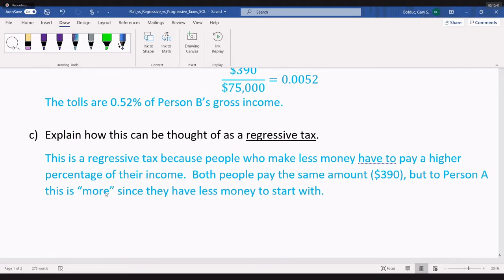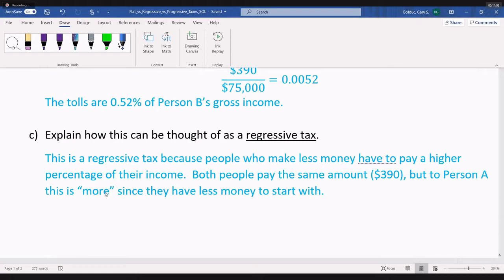So that money goes in as a tax to pay for the bridge. They both pay $390, but person A makes less money. So that $390 is more to them. It's a larger percentage of their income. So it is more of a weight on them to pay that.